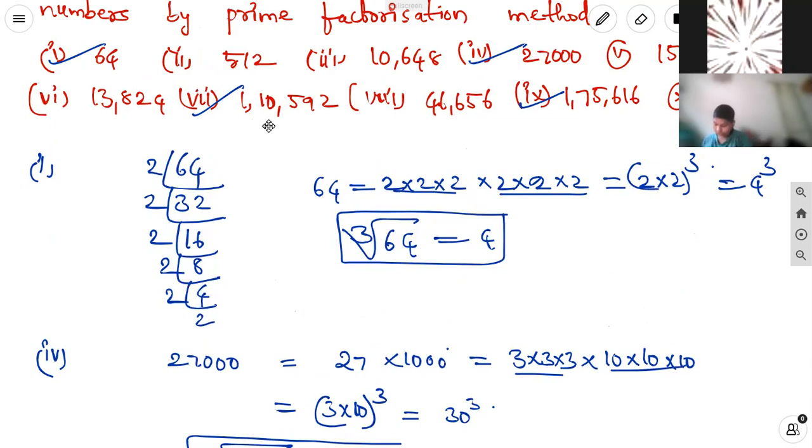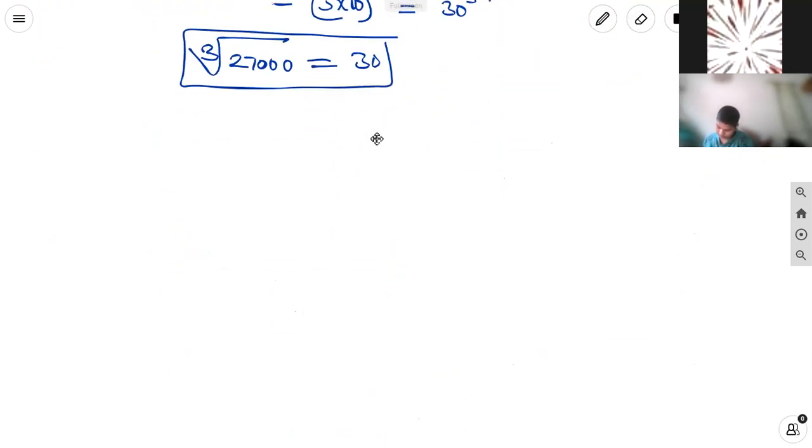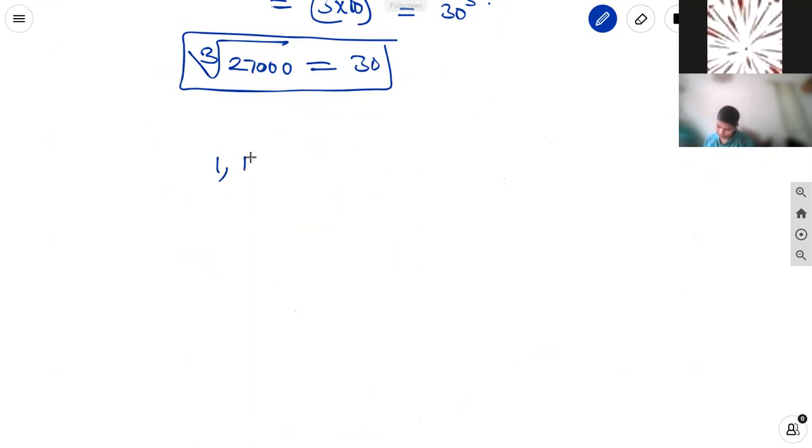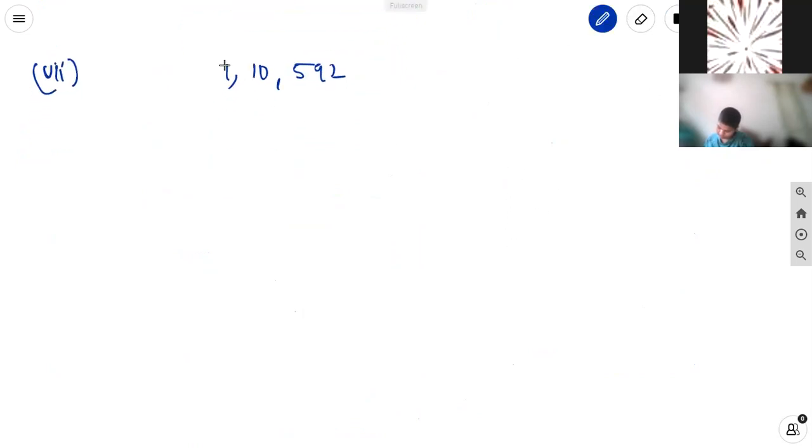Seventh problem, 1,10,592. Do the prime factorization.